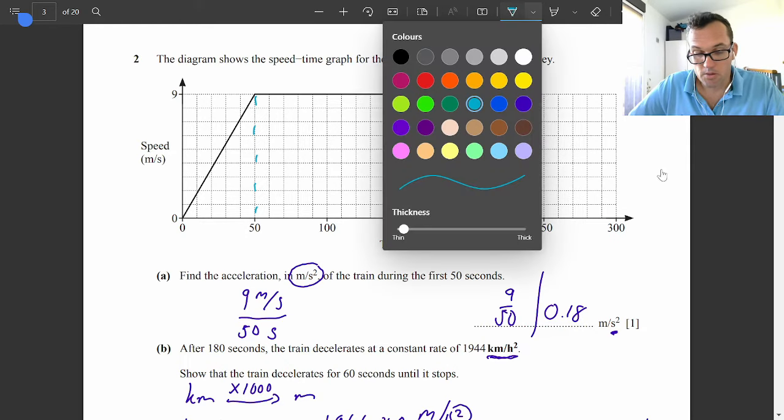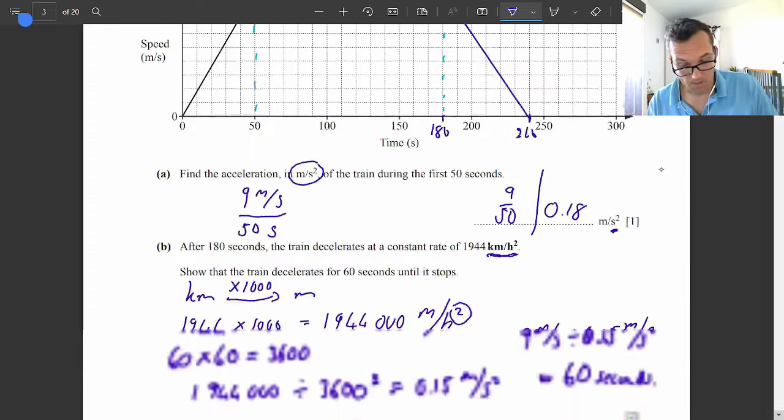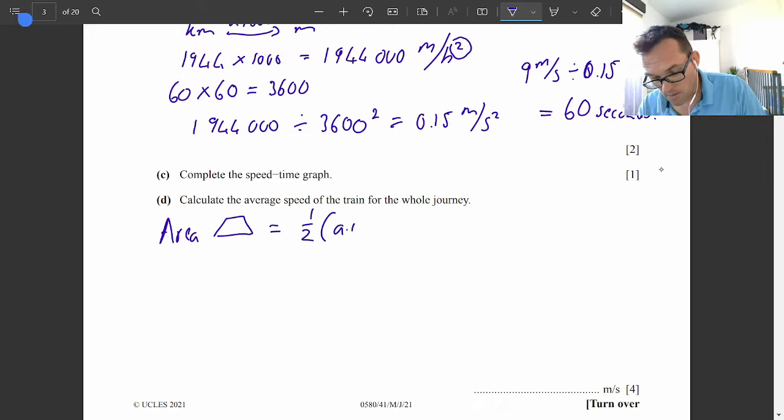You can get your correct marks doing that. But reading the examiner's report, students who did it that way made lots of small mistakes and they lost marks. The most successful students saw this as a trapezium and worked it through as one calculation. Now remember, the formula for the area of a trapezium is half (a plus b) times h, a plus b being the 2 parallel sides.